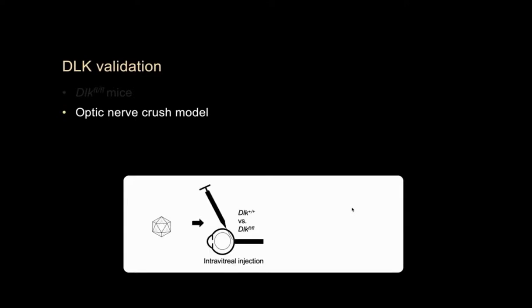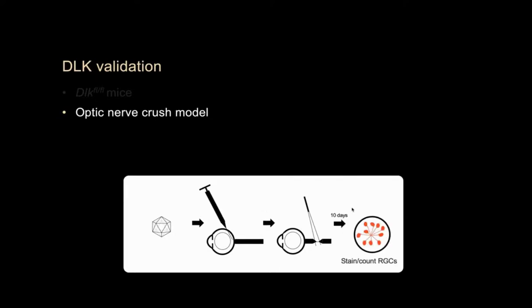First, we would intravitreally inject virus that delivers CRE and transduces retinal ganglion cells into either floxed DLK mice or the wild-type control. We would then wait 7 days to allow the virus to complete its life cycle and for the extant DLK to turn over. At that point, we would crush the optic nerve mechanically with a 5-second crush.